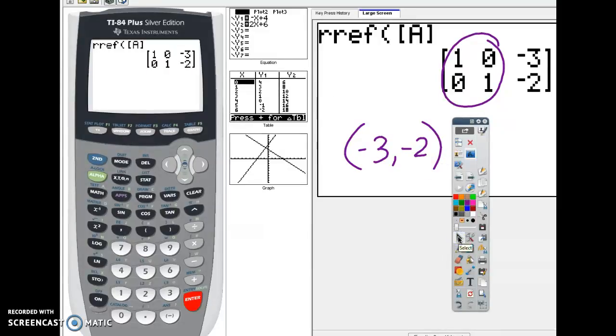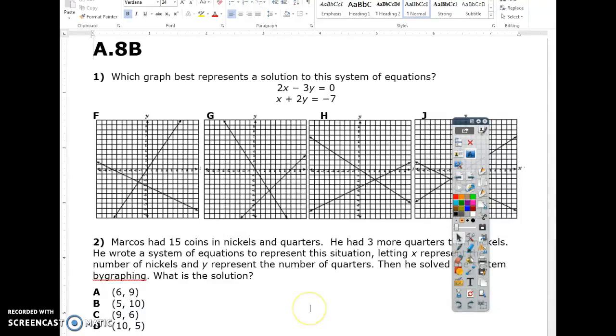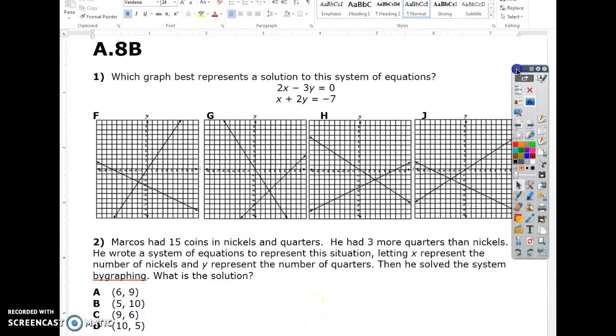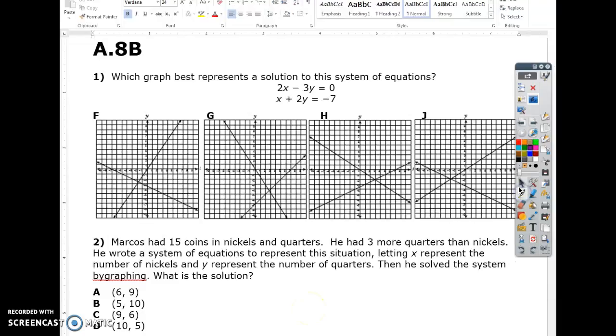So if we go look on this graph, the solution is at -3, -2. So this one here is not at -3, this is at -2, and it's not even a perfect point, so that's out.